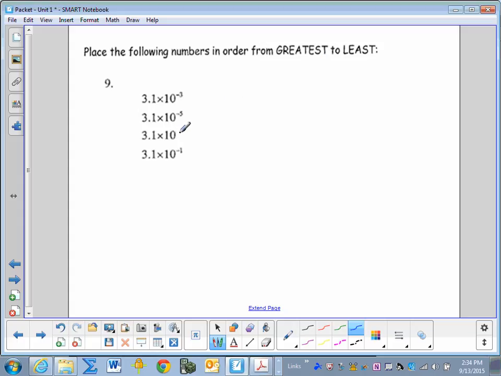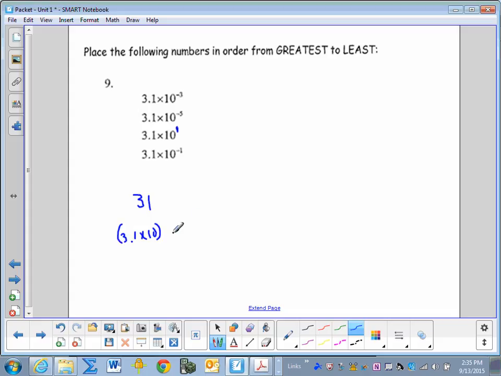We have nothing here, but it's really a 1. We know it's a 1, we just don't write it. And a negative 1. Which one has the biggest exponent? This one. So let's convert that. 3.1 times 10 to the 1. We move it one decimal place, so that's going to be 31.